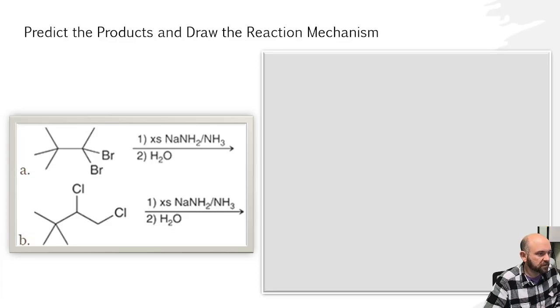So we're going to do some examples here and see if we can draw the two successive E2 mechanisms for the following transformation. In example A, we see that we have this dibromo compound being reacted with NaNH2, our base.